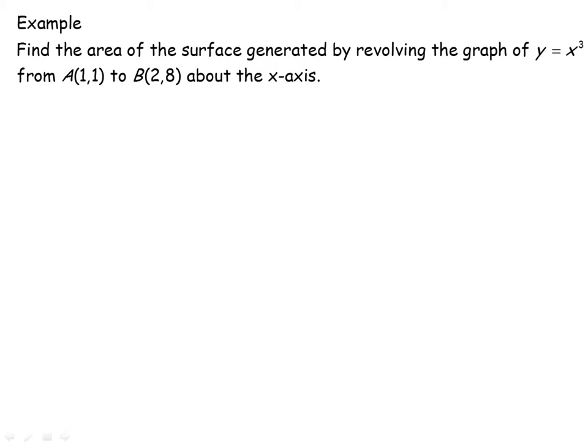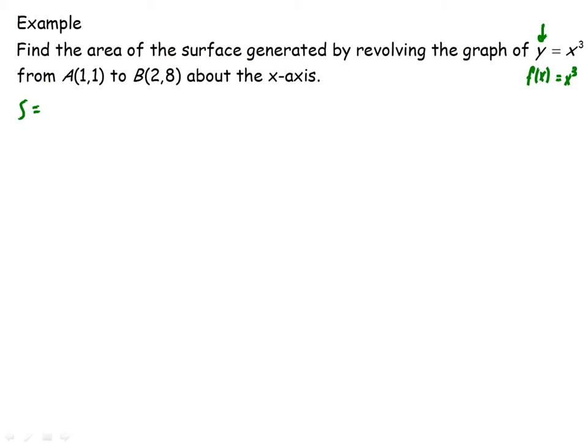So let's look at this. Find the area of the surface generated by revolving the graph. And when I look at this, I see y, so I see f of x. And remember your formula? Your S, please don't confuse that with your integral symbol.